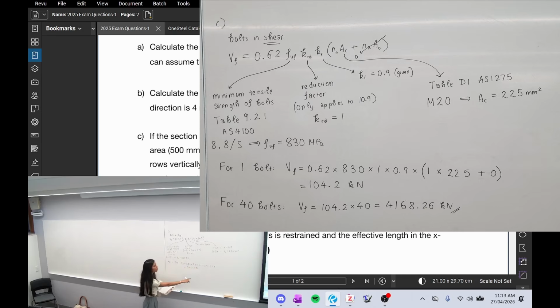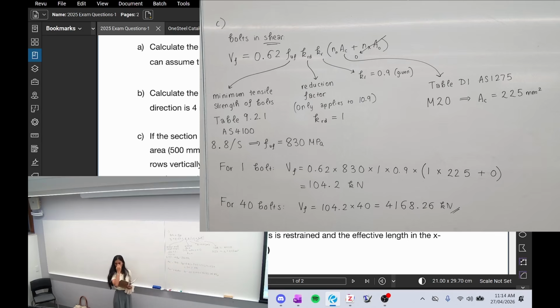So this is for 1 bolt, but the question says that there are 40 bolts. So to get the value for all 40 of them, you just want to multiply this by 40. And that will give you 4,168.26 kilonewtons. And that's your answer for part C.